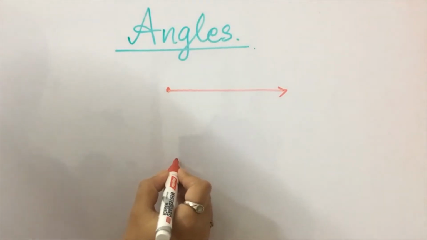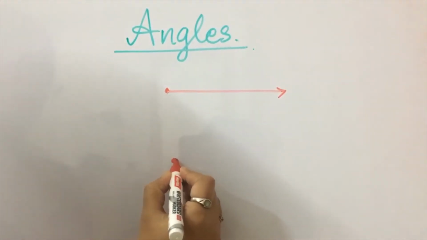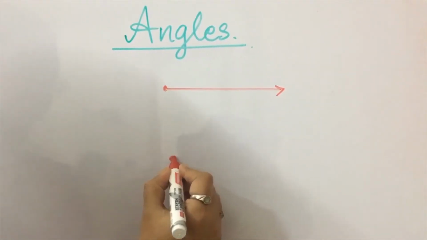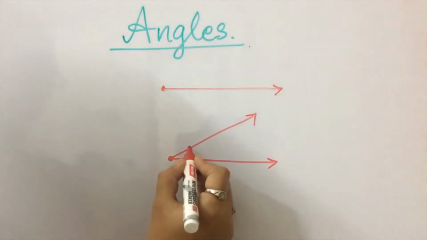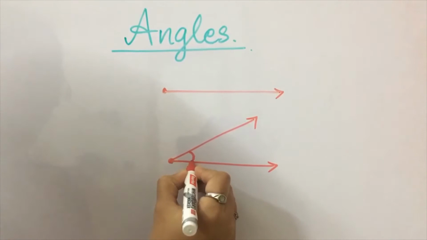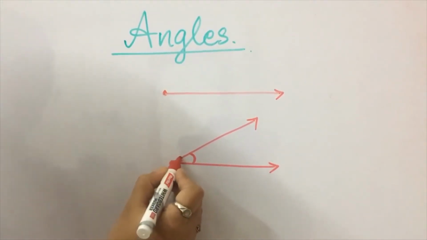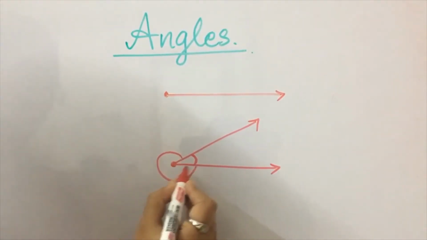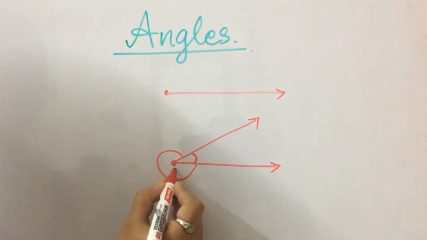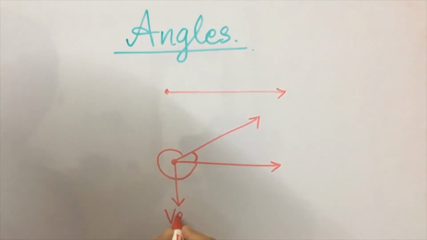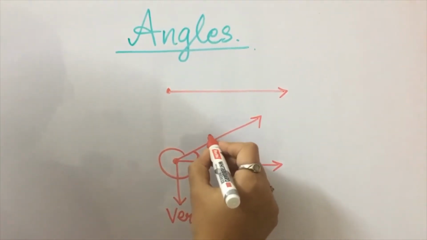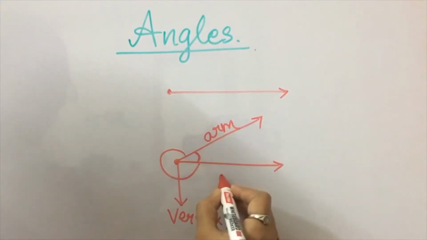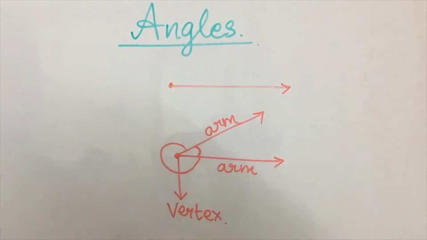When two rays originate from the same point, for example, this is the common point from which two rays originate, an angle is formed. This is the interior angle and this is the exterior angle. This common point is called the vertex, and these rays are called arms. This is one arm and this is another arm.